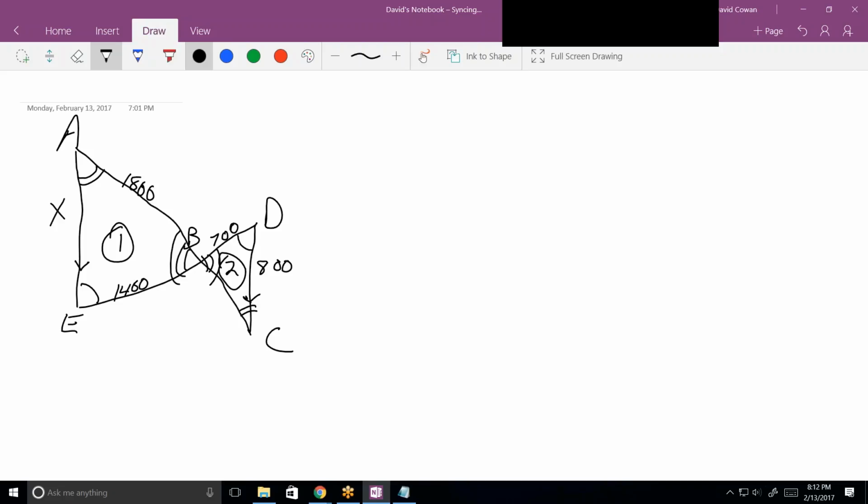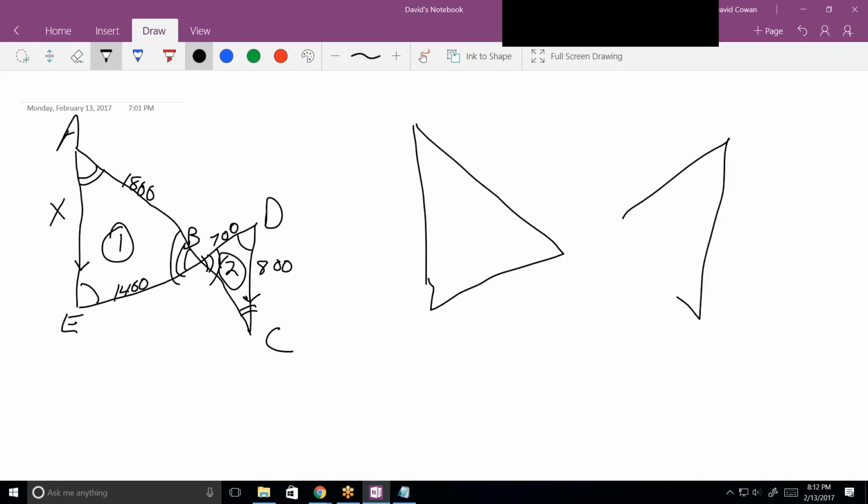What are the corresponding sides? In other words, there's your triangle ABE, and then over here we have BDC.